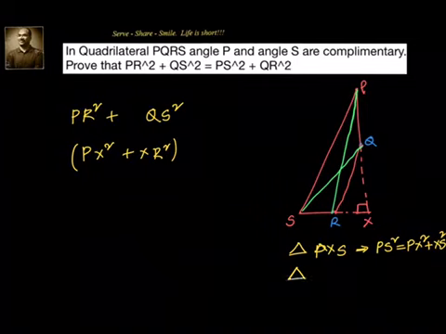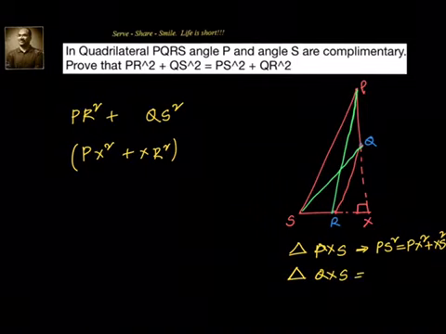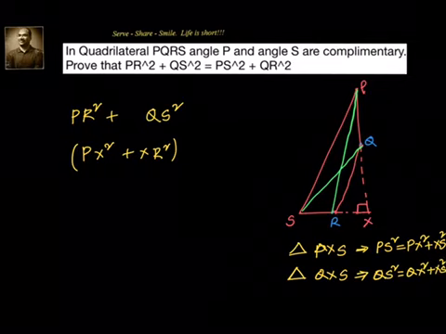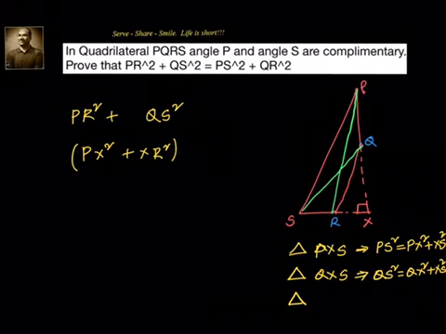Let's go to next triangle, that is QXS. We can write down QS square equal to QX square plus XS square. Let's go to next triangle, that is PXR.